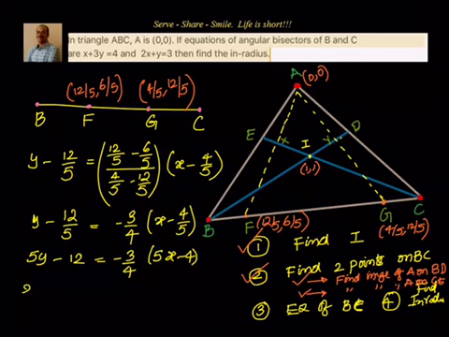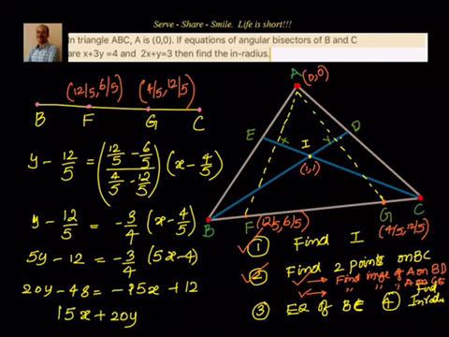We will have 20y minus 48 equal to minus 15x plus 12, or can I say 15x plus 20y minus 60 equal to 0, or divide by 5, you get 3x plus 4y minus 12 equal to 0, because 5 3s are 15, 5 4s are 20, 5 12s are 60. So we got the equation of BC now.